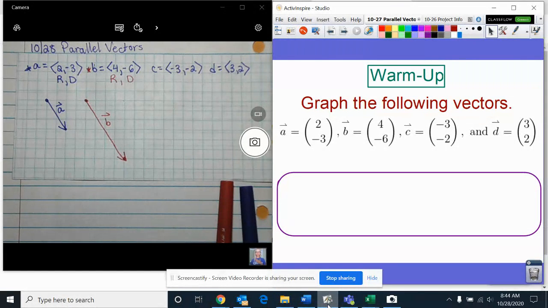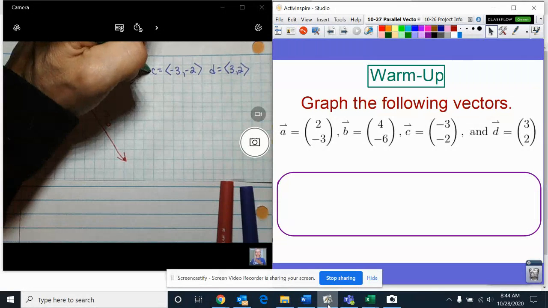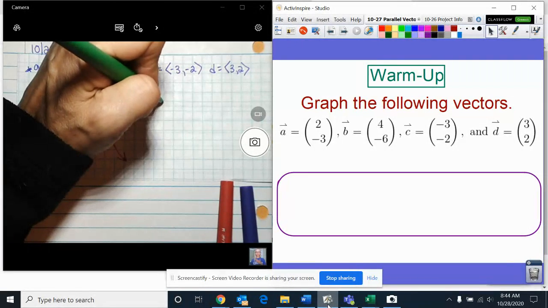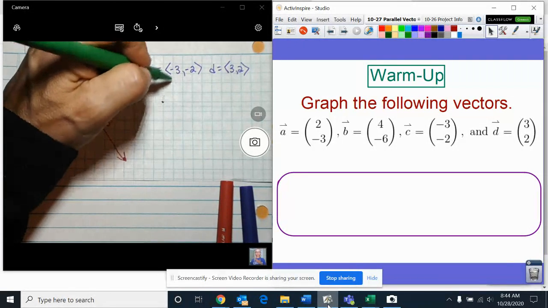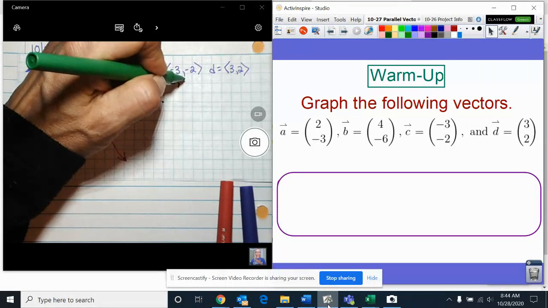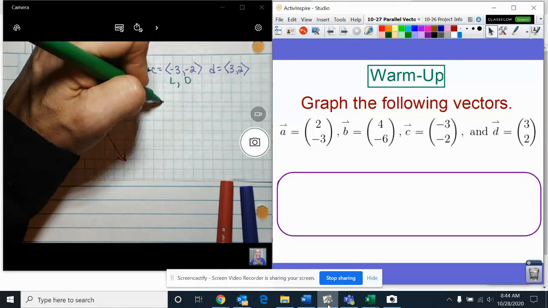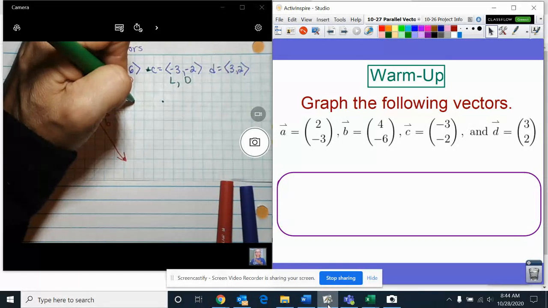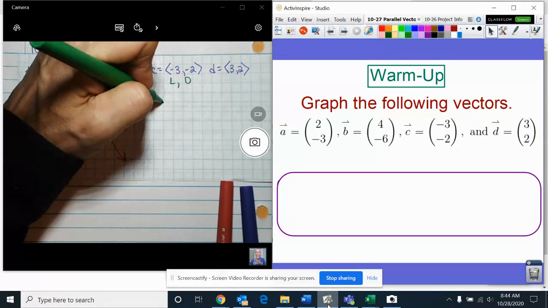Now looking at vector C, if I start here, I want to go left 3 and down 2. 1, 2, 3, 1, 2.